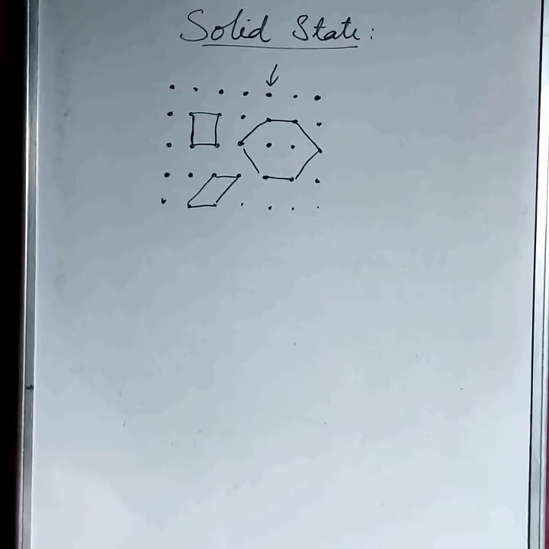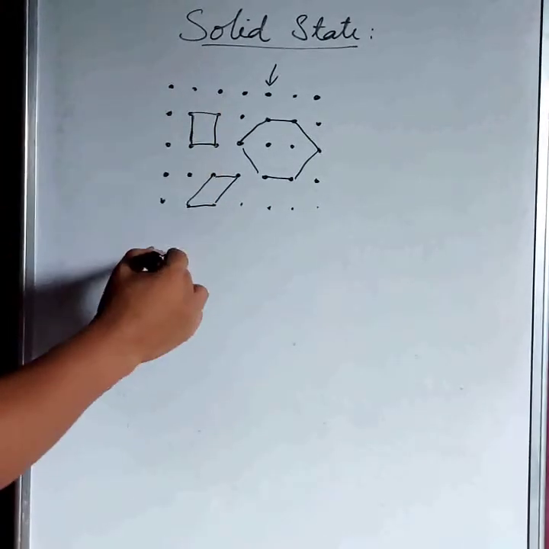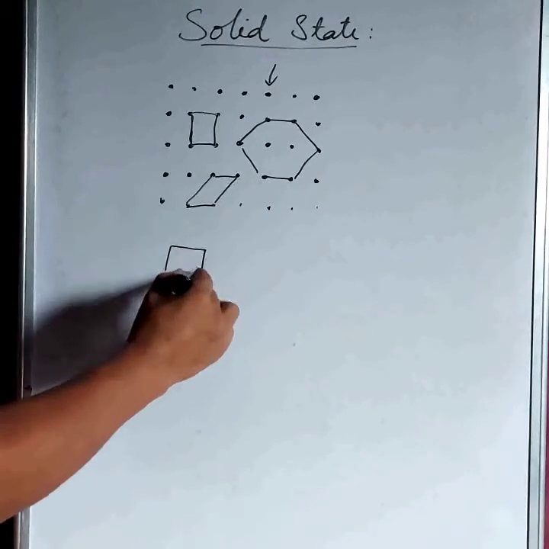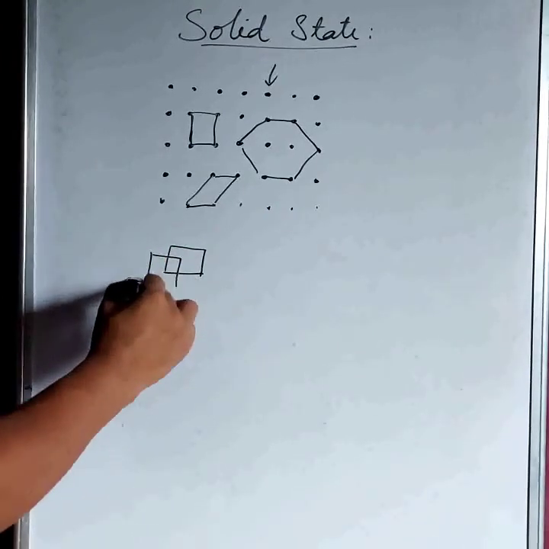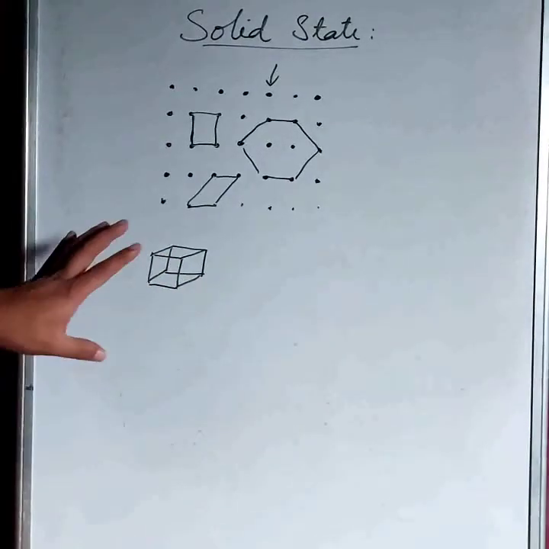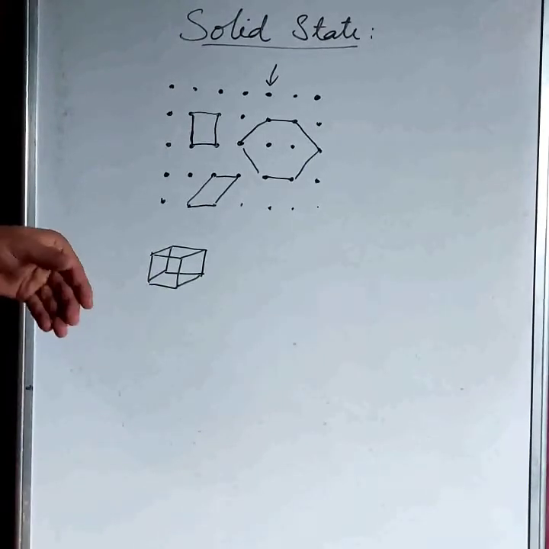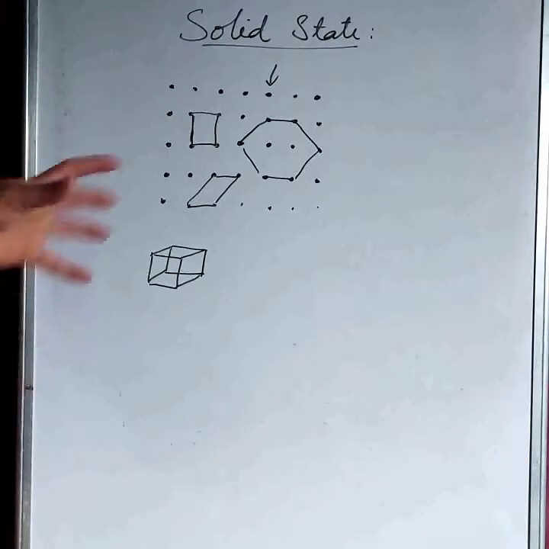Now, as we know, there are 7 basic crystal systems. As I've mentioned, if we project this into the board or outside of the board, we can generate a 3-dimensional structure such as a cube. Now, this can be called the unit cell. The unit cell is the simplest entity which, when repeated, generates the whole structure.